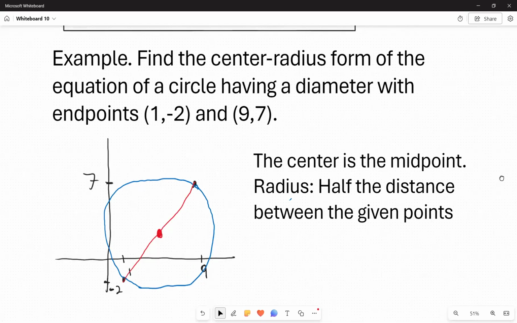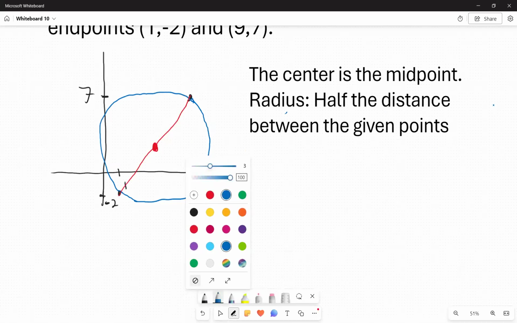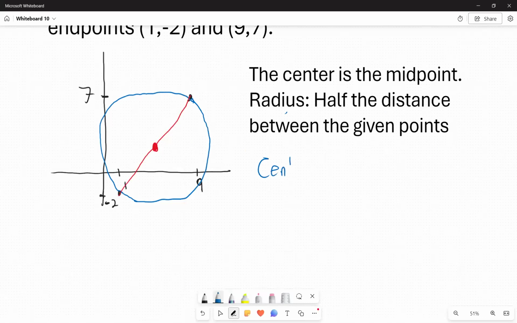Okay, so let's find the center. It's going to be the midpoint. So the x coordinates, I'm going to write this down. This is 1, -2, and 9, 7.